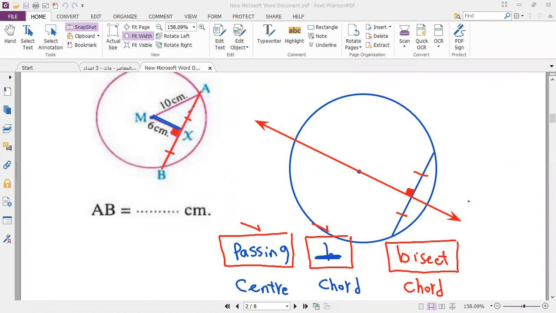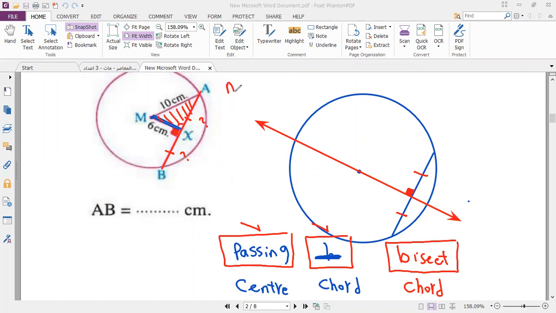Okay. So here I want to get AB. If we managed to find AX, we can find BX, and from that we can find the length of AB. How can we find the length of AX? This triangle is a right-angled triangle, and the length of the hypotenuse is 10 centimeters, and the length of this side is 6 centimeters.